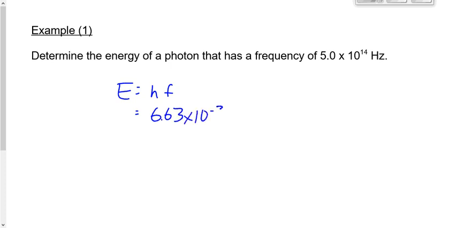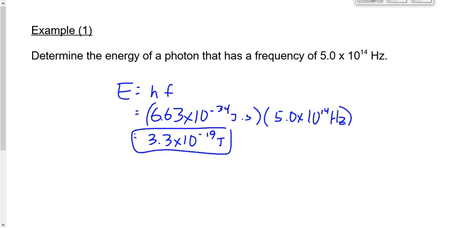6.63 times 10 to the negative 34 joule seconds times the frequency, which is 5.0 times 10 to the 14 hertz. When we multiply those two numbers together, we get a value of 3.3 times 10 to the negative 19 joules.